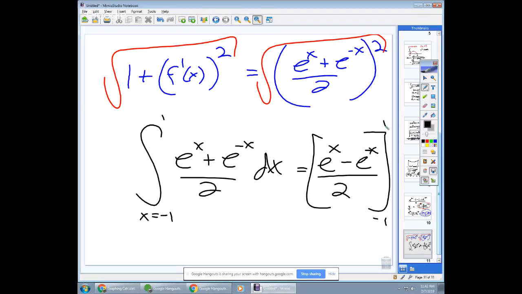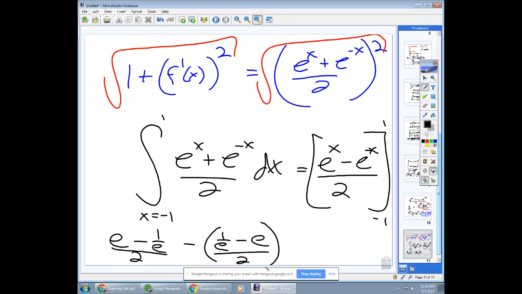Evaluating this, e to the 1, well that's just e, minus e to the -1, which is 1 over e, divided by 2, and then minus, plug in -1, e to the -1 would be 1 over e, minus e to the -1, it's positive, which is just e over 2.